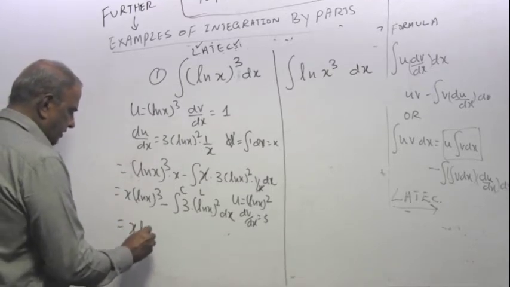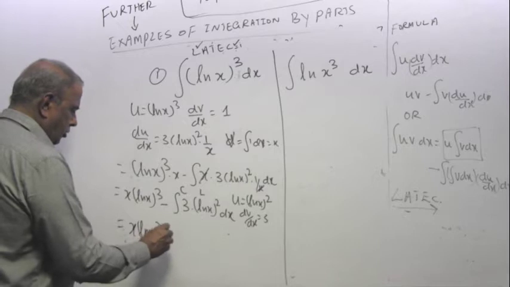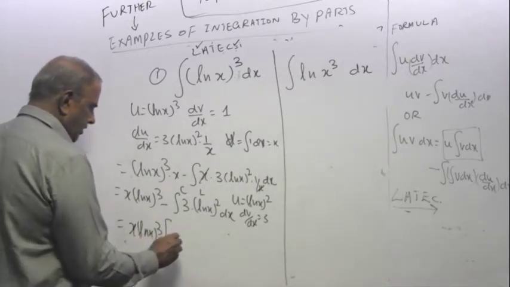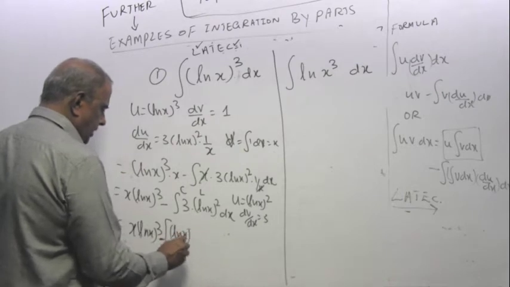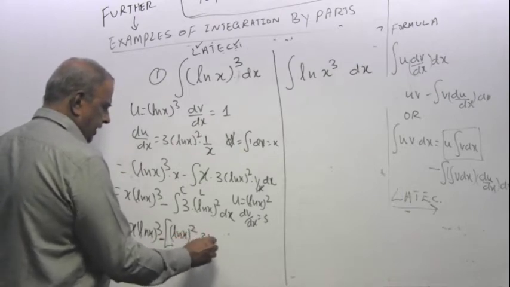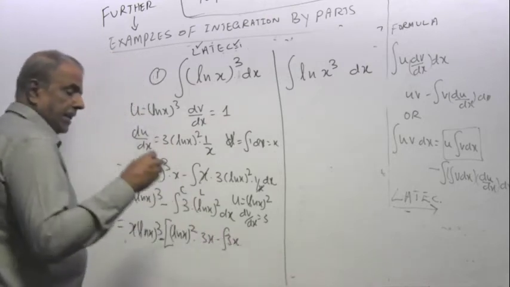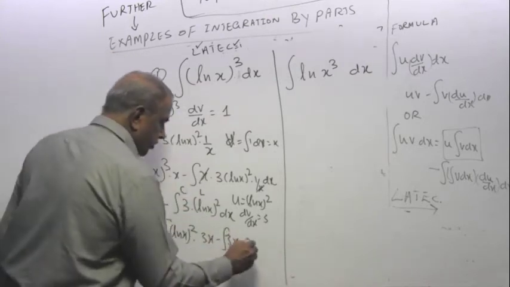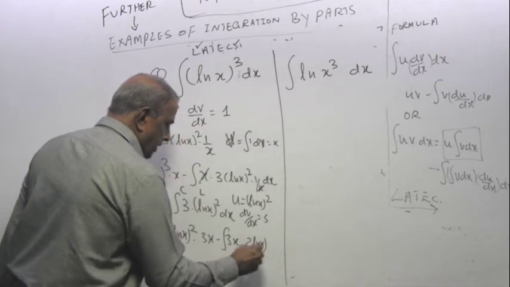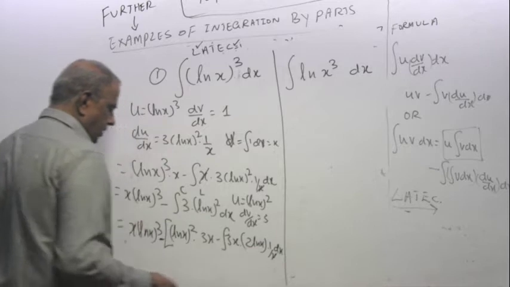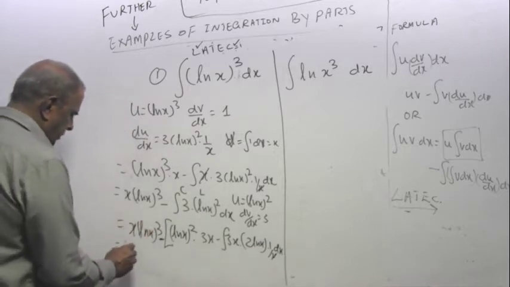So it's x times ln x the whole cube minus, u is ln x the whole squared times v is 3x, minus integral v is 3x. ln x the whole squared gives you 2 ln x and ln x gives you 1 over x dx. Keep on opening the brackets and simplifying.